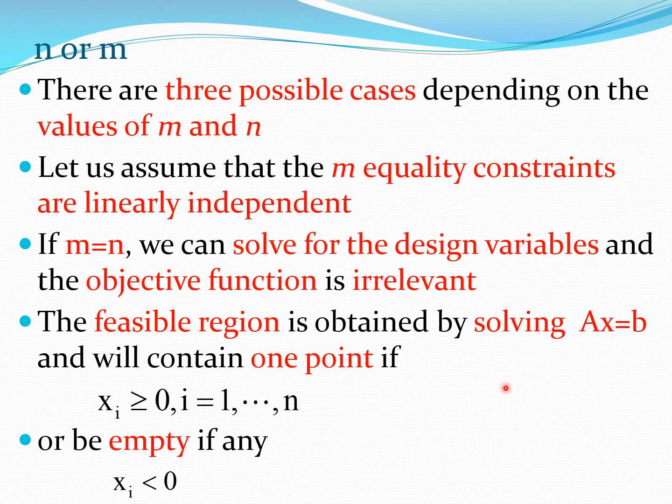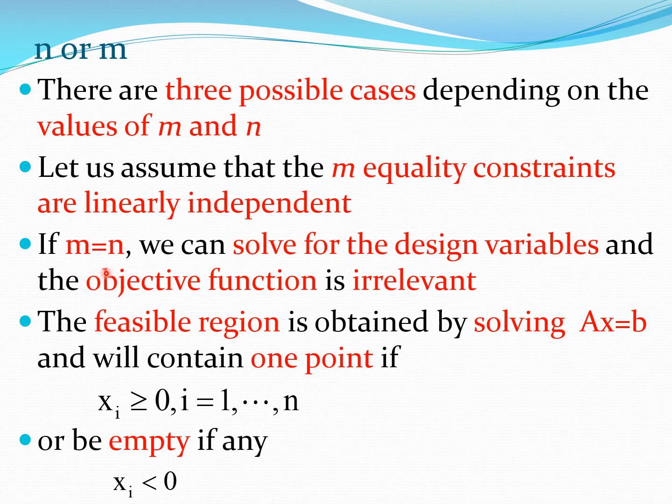Now, there are a few possible cases which can happen because of the values of m and n. Recall that n is the number of design variables and m is the number of constraints in the problem. We also presume that these constraints are linearly independent.